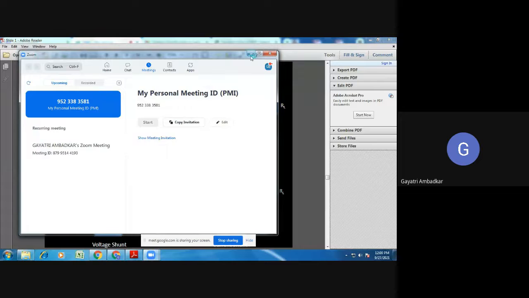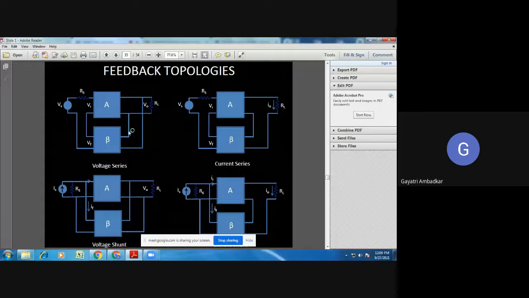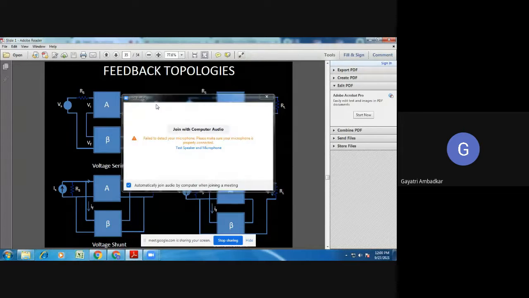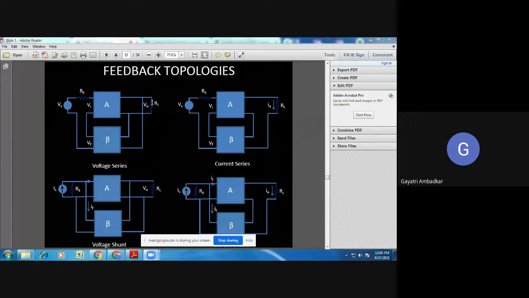You have to connect your beta network in shunt with the amplifier's output. So this is the output of the amplifier available here. RL is the load resistance across which we are getting our amplifier's output. So you see the beta network is connected in parallel.